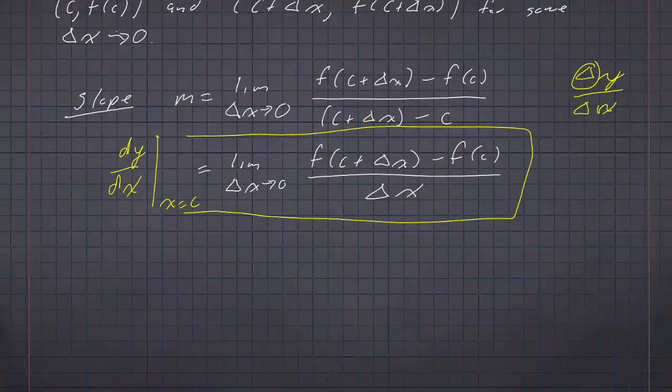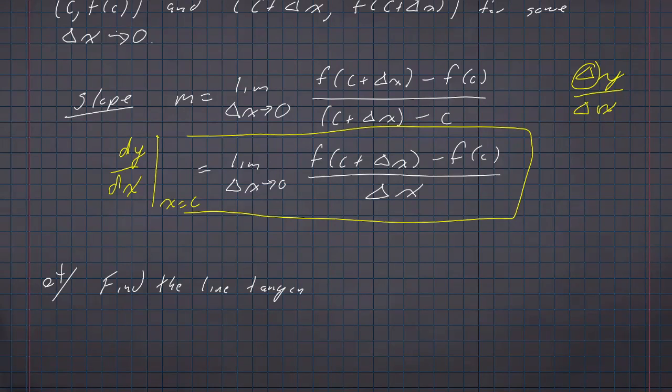But for right now, let's just dive in. Let's find the equation of the line tangent to y equals x squared minus 7x at the point x equals 2.